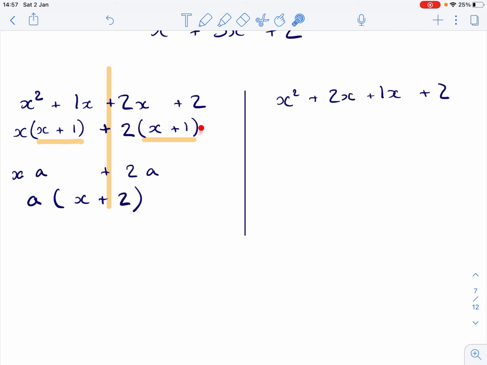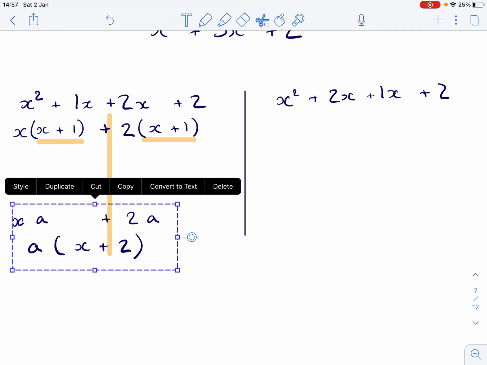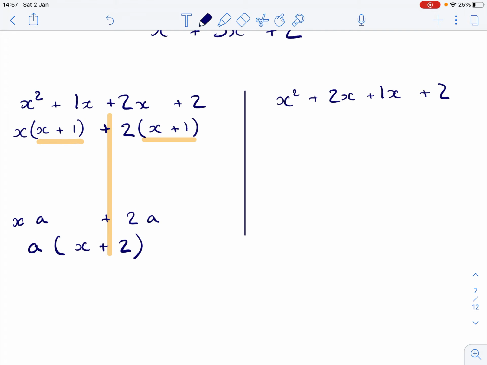And 2 is multiplying x plus 1. So instead of thinking about this as xa plus 2a, and let's get rid of this line down the middle, our common factor instead of a is x plus 1. Now what is x plus 1 multiplying? It's multiplying x, and it's multiplying plus 2.